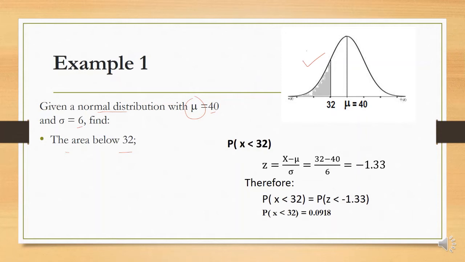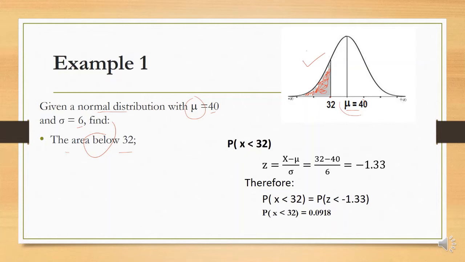Okay? So our mu is always at the center. Since that is 40, our 32 is on the left side. So what we are looking for is below 32, so all the area on this part is below 32.